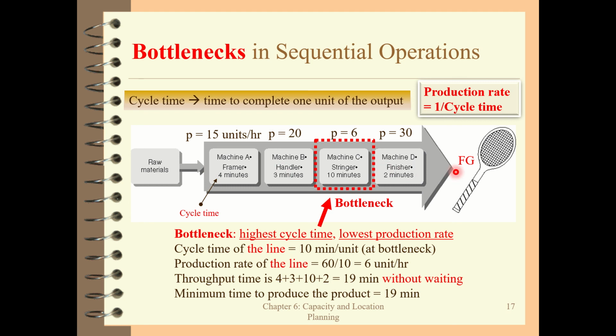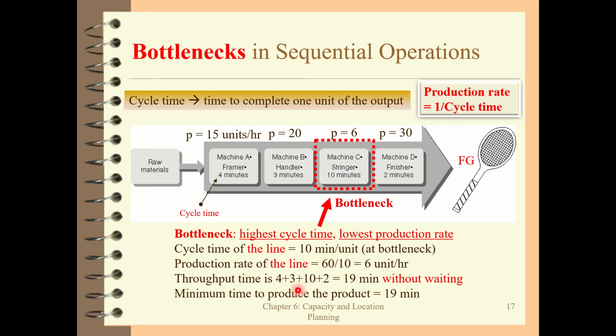Okay, we look at the whole system which consists of 4 machines here. So the bottleneck here is machine C. And the production rate is controlled by the bottleneck machine. Okay, in this case, the production rate is controlled by machine C, which is 6 units per hour here.